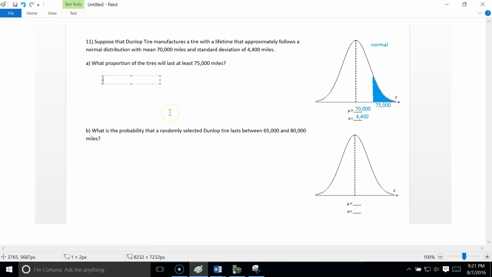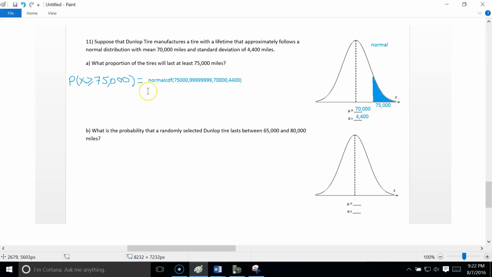The probability that x is greater than 75,000 is normal CDF of 75,000 up through positive infinity, here represented by a bunch of 9s, with a mean of 70,000 and a standard deviation of 4,400.